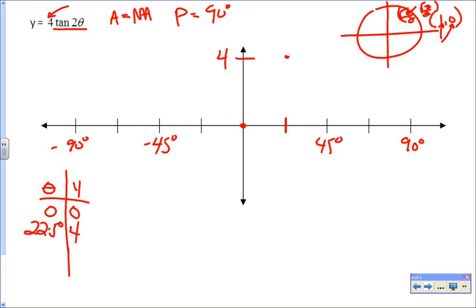So you see how the 4 is still important, right? It makes it go up 4 times faster than it did before. But it's still really not measurable because it just keeps going on forever and ever. Anybody want to take a wild guess what's going to happen at 45 degrees? No solution, exactly, which turns into an asymptote. Because no solution means you better not put a point there. You're not supposed to get something.